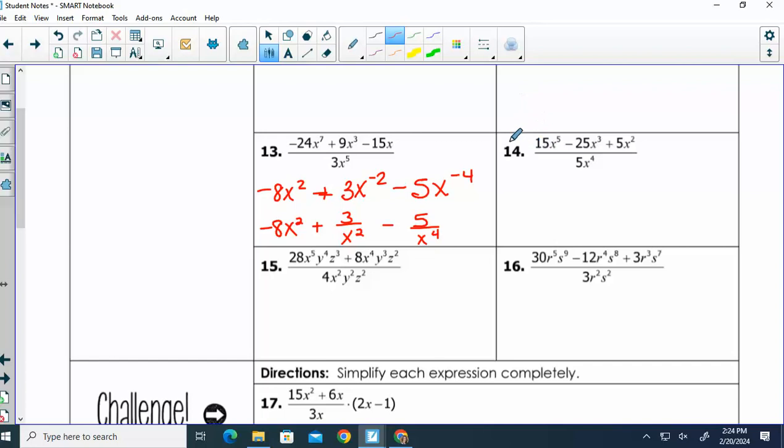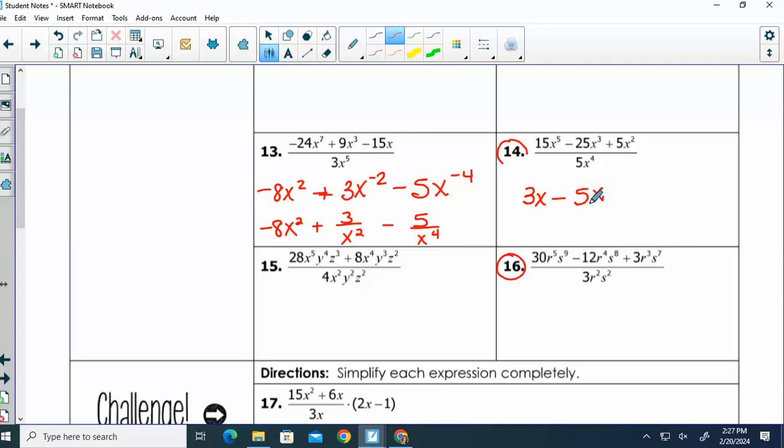I want you guys to try 14 and 16. So on 14, 15x to the 5th divided by 5x to the 4th, 3x, minus 25 divided by 5 is 5.